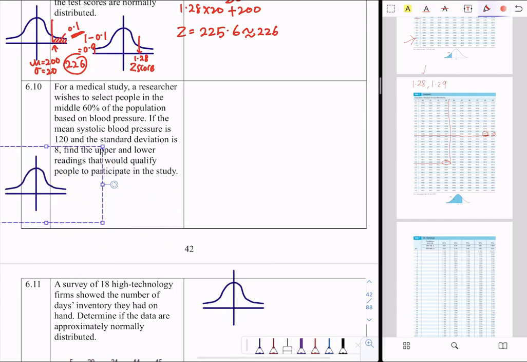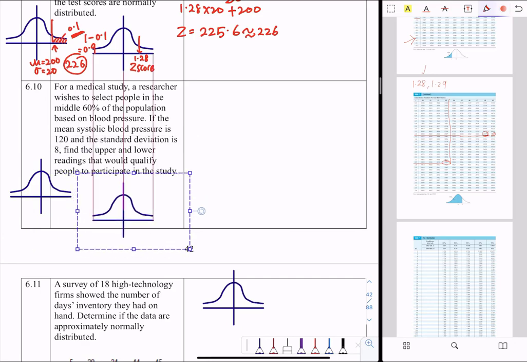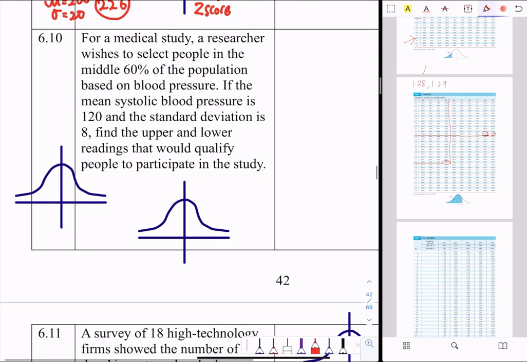First of all, you need to have two graphs here. The first one is the graph based on the real situation. Real situation, 60% in the middle here. That means this area is 30% and this area is 30%. The mean is 120, standard deviation is 4.